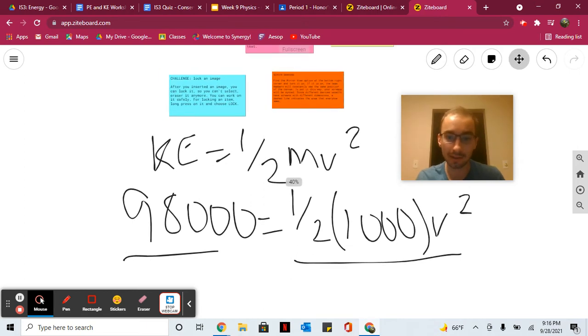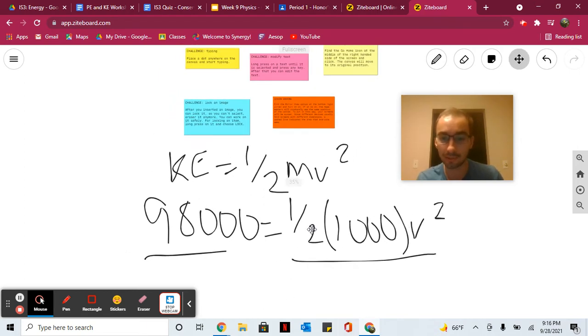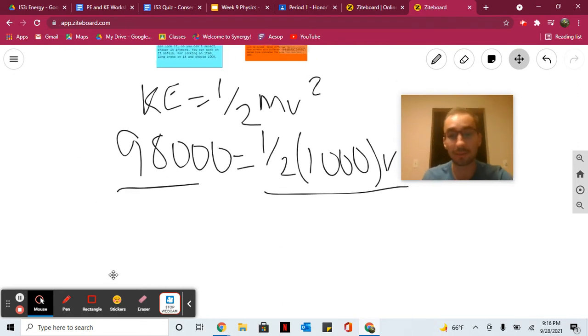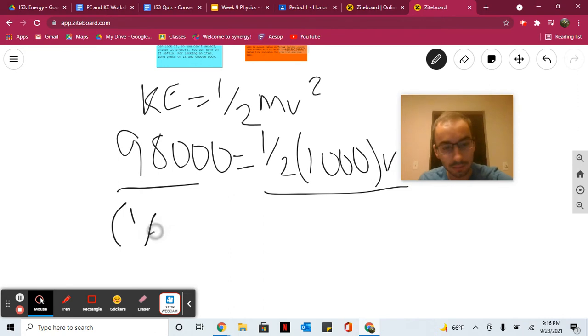And we want V by itself, so you need to divide both sides by 1/2 times 1,000. You can do the math, and 1/2 times 1,000 is 500, or you can just put it in the calculator. 1/2 times, but you have to keep it in parentheses for it to work because of order of operations.